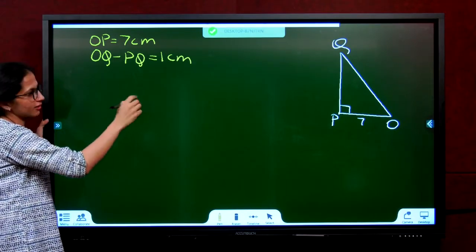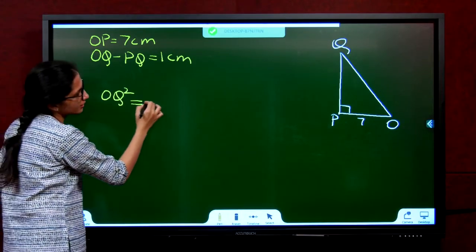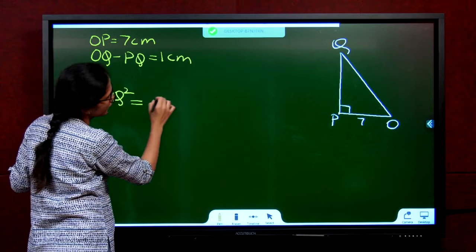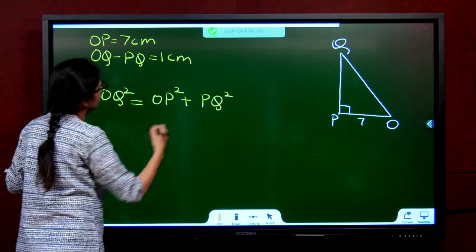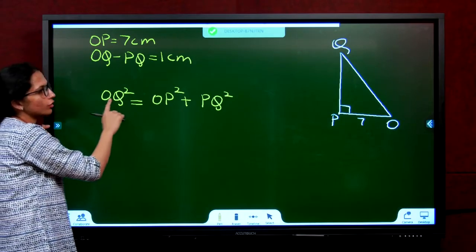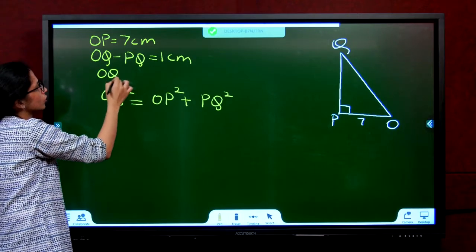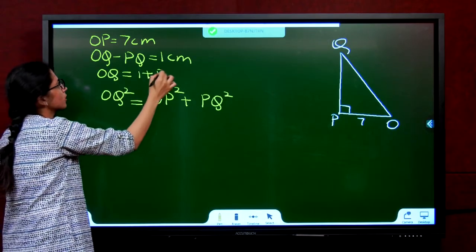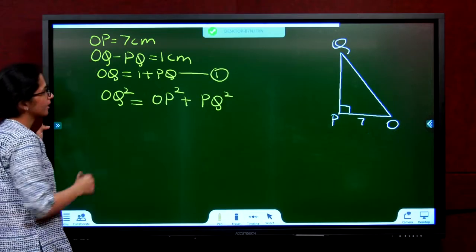Applying Pythagoras theorem to that, what do we get? OQ square is equal to what? OP square plus PQ square. But I don't have OQ also, I don't have PQ also, but I know the relationship. Can I write OQ as 1 plus PQ? Call this as 1. Yes?